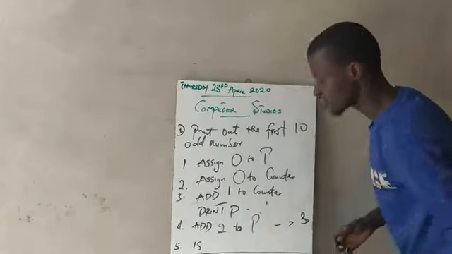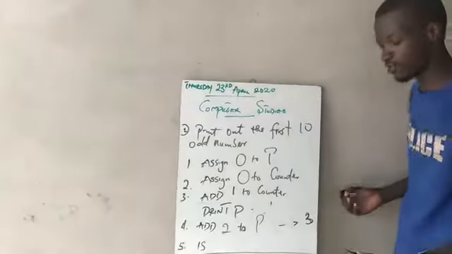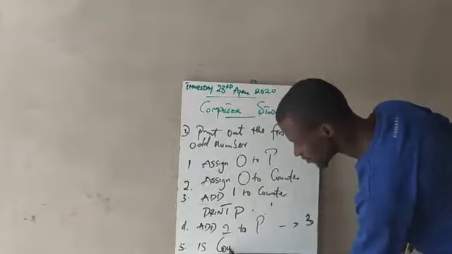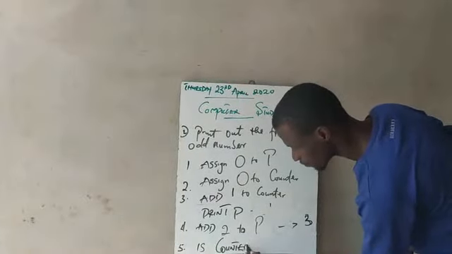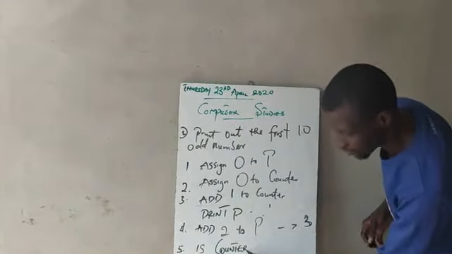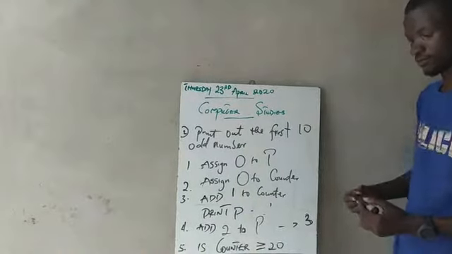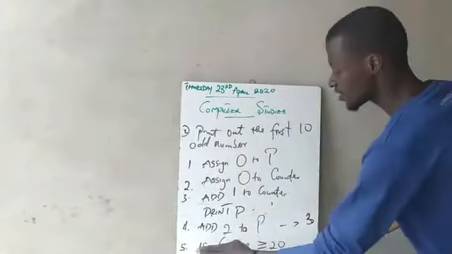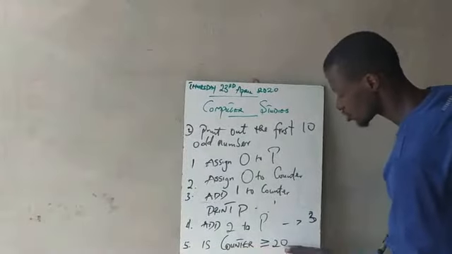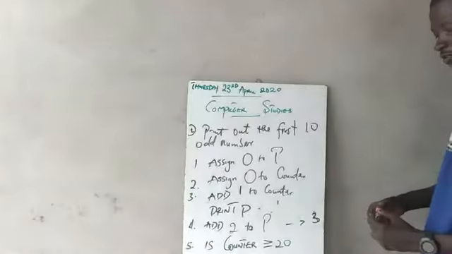Then step 5. Let's use a decision symbol that says: is counter greater or equals to 20? Is counter greater or equals to 20?